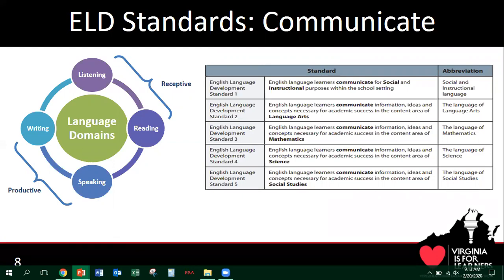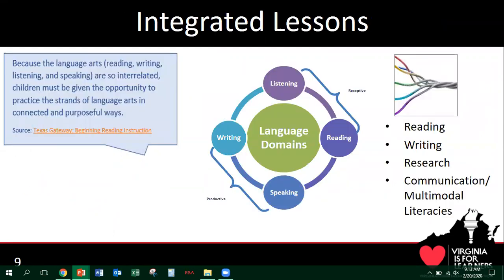In order for students to reach English language proficiency, they need support in all 4 of these language domains, and we will work to integrate those within lessons, which is something that you would have heard from prior English specific webinars, that we are integrating the SOL skills and domains of reading, writing, research, communication, and multimodal literacies, but also that we're integrating these 4 language domains. So within each lesson or unit, students have opportunities to use all 4 of these domains.